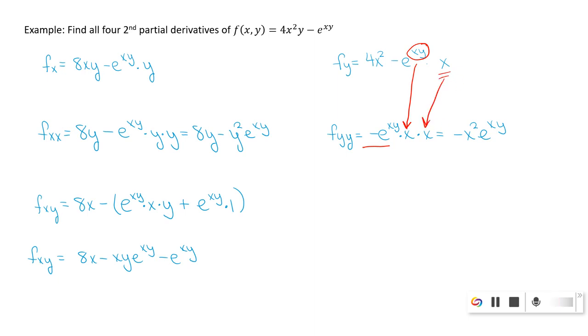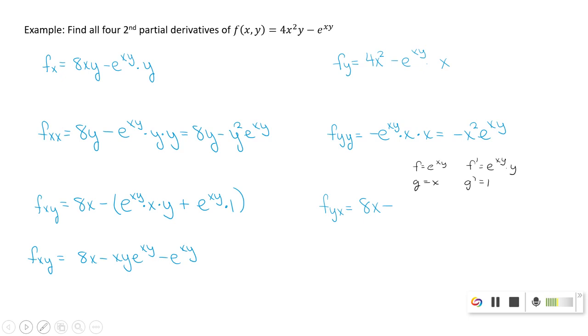Again, I'm not using the product rule this time, because the e to the xy is being multiplied by x, we're finding the derivative with respect to y. So we're treating that x like a constant. It just stays there. I'm going to rewrite this as negative x squared e to the xy, just because that looks a little bit nicer. All right, last one.